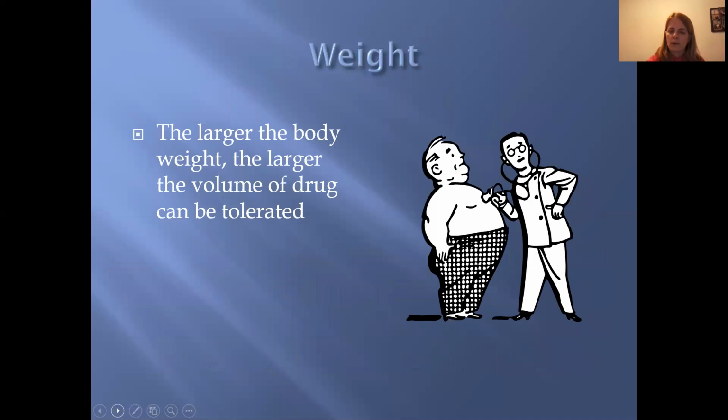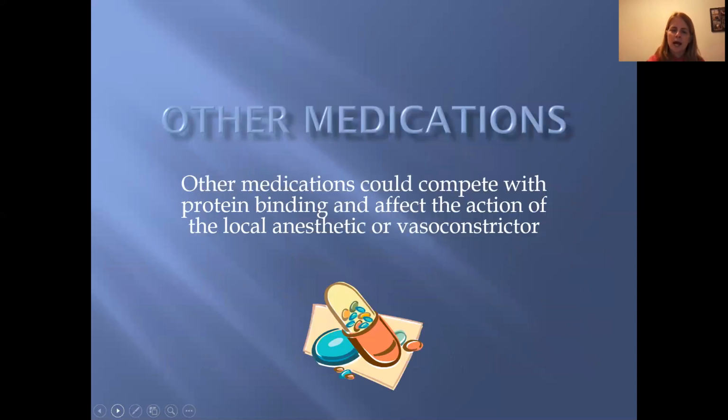The larger the body weight, the larger the volume of drug that can be tolerated. And any other medications that are competing with the binding, it is called concomitant. That is when 2 or more drugs are given at the same time or on the same day, and they're competing for the same excretory organs and biotransformation areas.